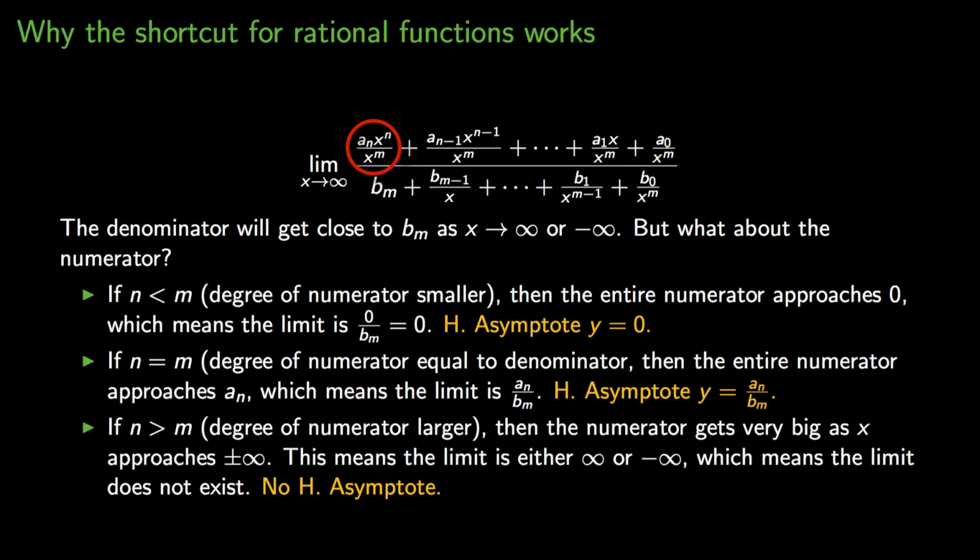And that means that not all of the x's are going to cancel out. There's going to be at least one left on top. And so this first little term is going to grow and grow and grow as x goes to infinity. And so that means that this limit is either positive or negative infinity, which means the limit does not exist, which means there is no horizontal asymptote.